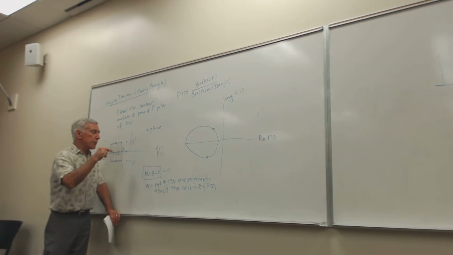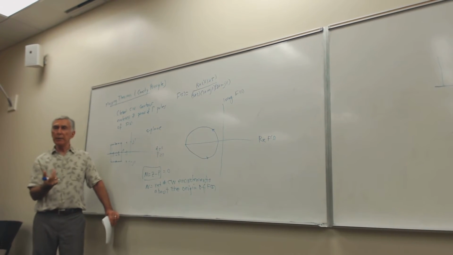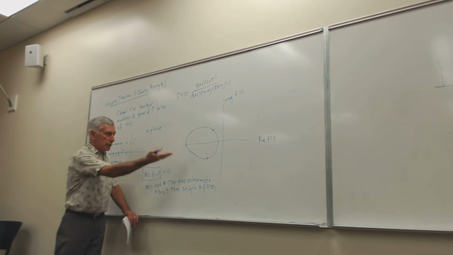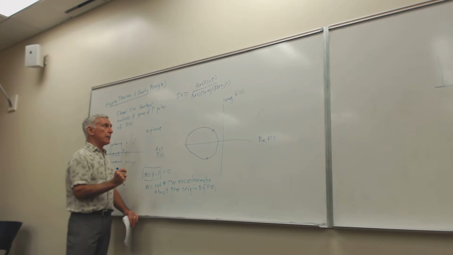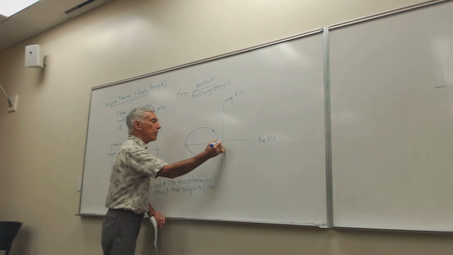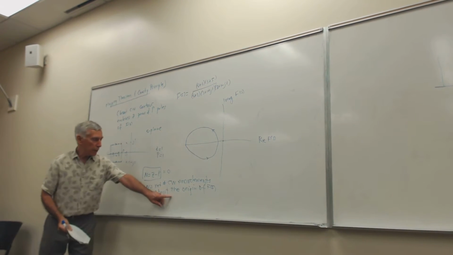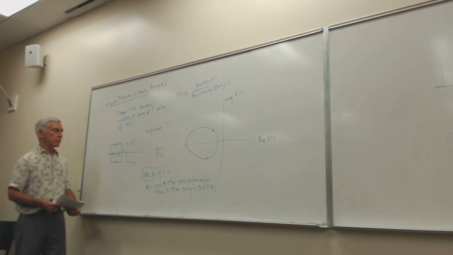And so, like I said, this predicts what N will be. And this is the actual mapping. And you can see that there are no encirclements about the origin of f of s.